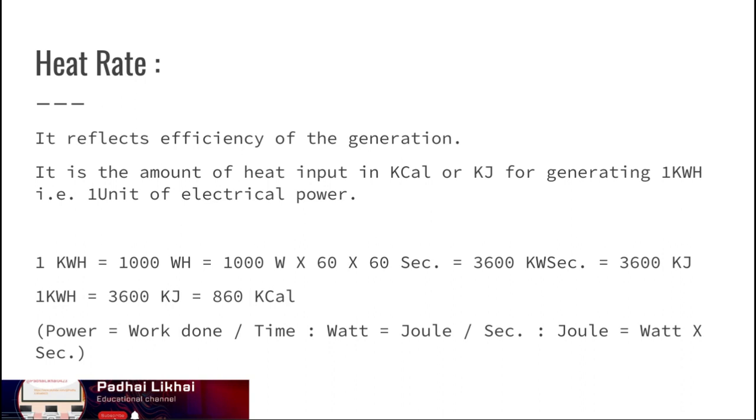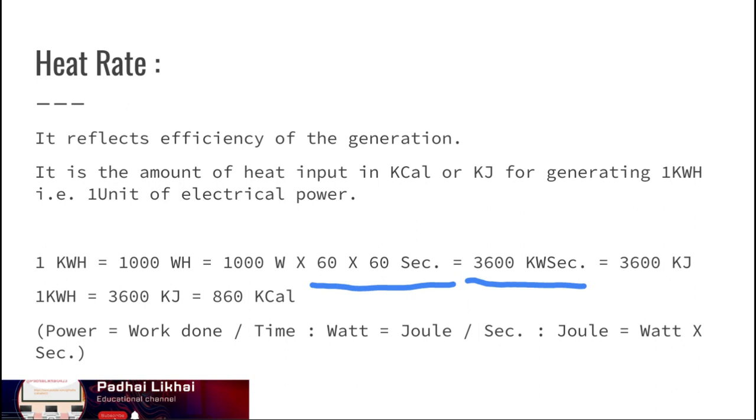Now let us understand some very basic things. As we know, 1 kilowatt hour, this kilo is nothing but 1000, so it is 1000 watt hour. Now the hour is replaced by 60 minutes into 60 seconds, so hour is converted to seconds, and this will be 3600 kilowatt second.